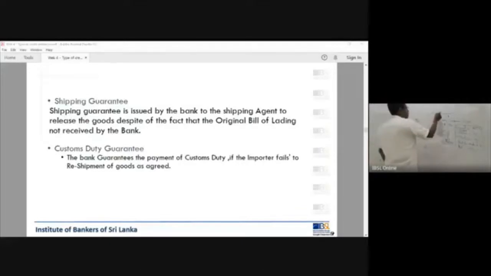But a set of documents, the documents carrying the ownership will route through bank to bank. Right? This is the documents. This one. Right? This one.